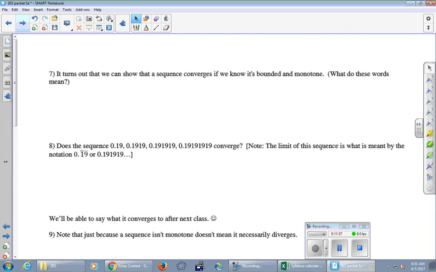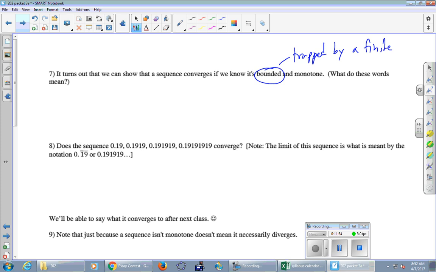Okay, turns out that we can show that a sequence converges if we know that it is bounded and monotone. Let's make sure we're clear on these two words here. Bounded means trapped by a finite number. Really it means trapped between two finite numbers, but trapped by a finite number.